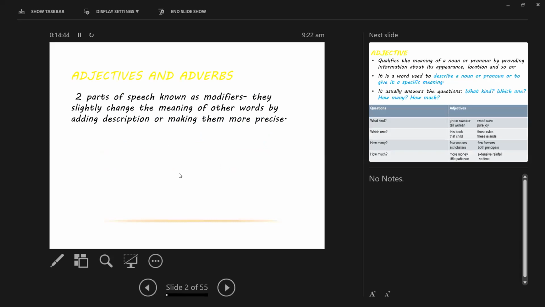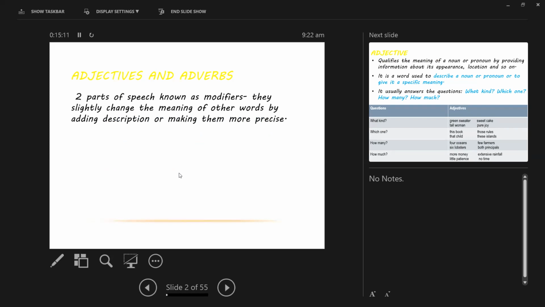I know everyone is already familiar with adjectives and adverbs. However, there is a possibility that you interchange these two topics because they are confusing.